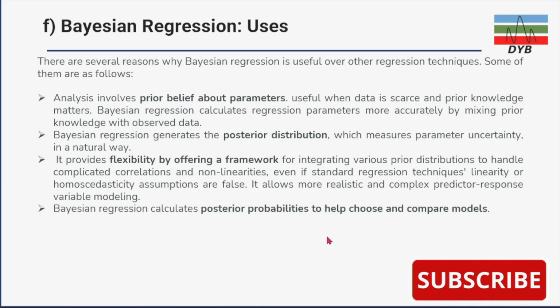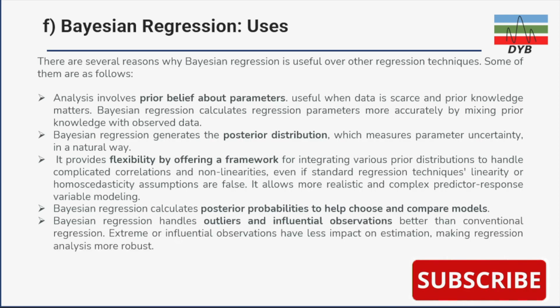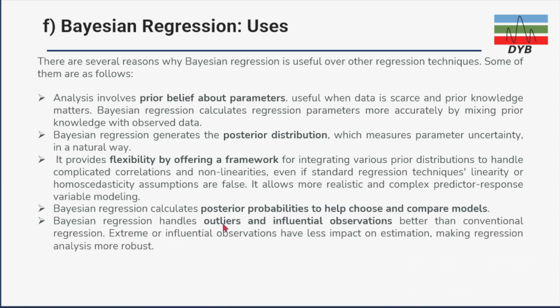It is also used for the posterior probability to help choose and compare models. And it handles outliers and influential observations better than conventional regressions. So that's why we use Bayesian regression analysis for this type of application.